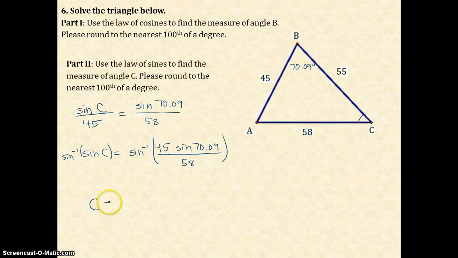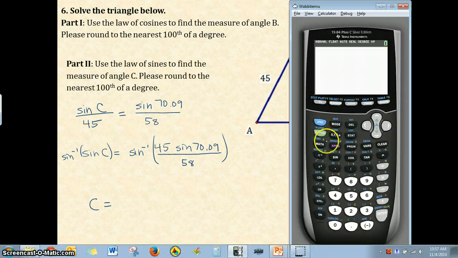So then I will get C equals the inverse sine of, parentheses for the top, 45 times the sine of 70.09, close parentheses for the top, divided by, there's only one thing on the bottom, so I don't need parentheses for that. Close the sine inverse parentheses.